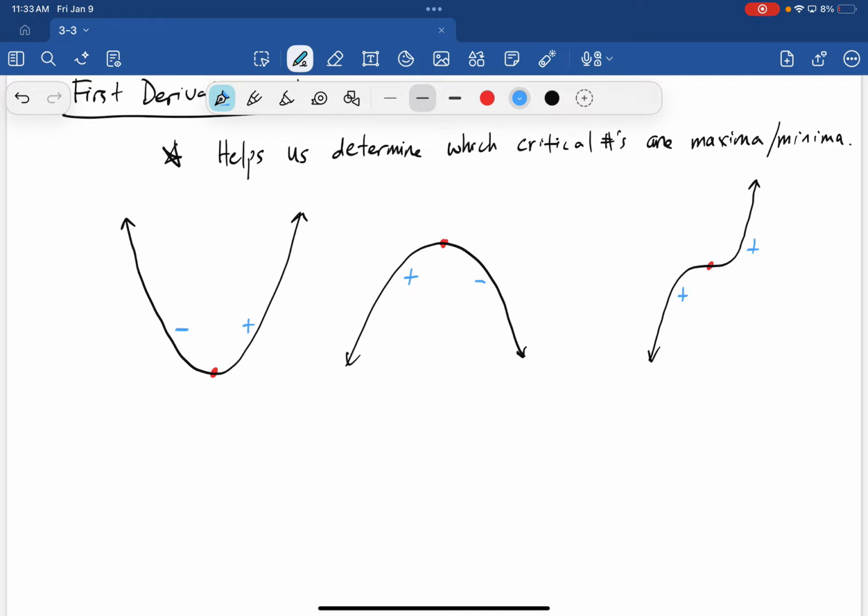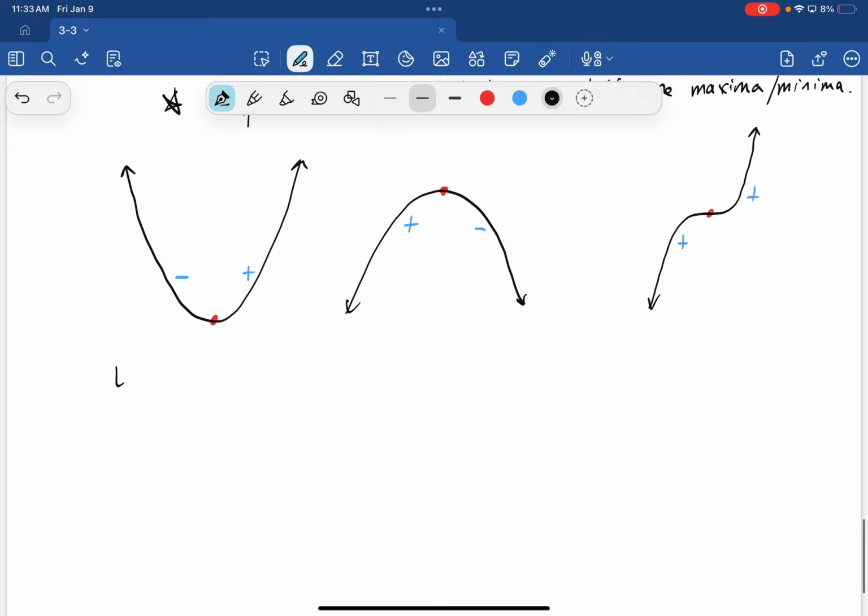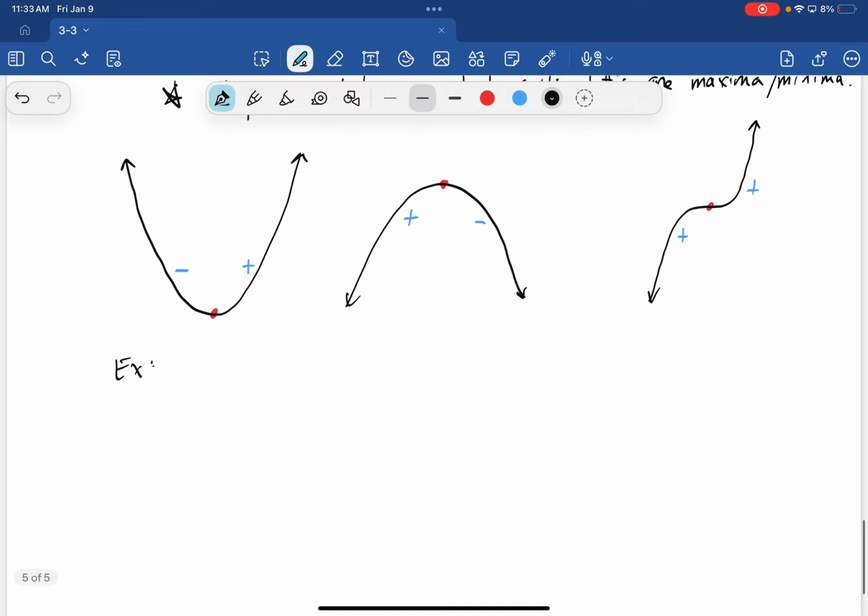Very good. I'll show you guys an example, maybe similar to part B on question 3. This will help us a lot in determining whether these are minimums and maximums, and also helping us to graph without using a calculator.